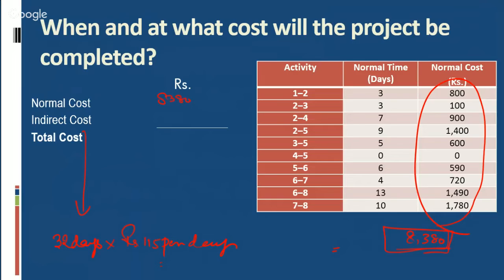Accordingly, our indirect cost will be rupees 3680, and total of these two will be 12,060 rupees. This is the cost when we are not carrying out the crashing. Before crashing, this is the total cost that company has to incur, 12,060 rupees. Now we will see after crashing what will be the total cost that company will incur.